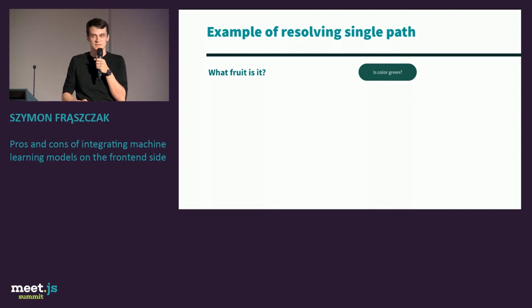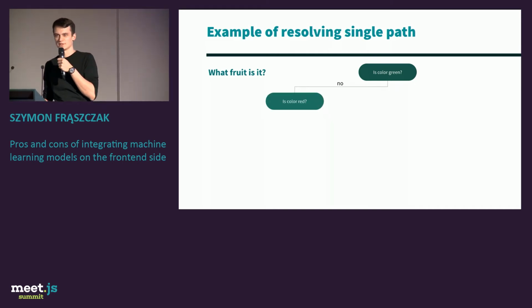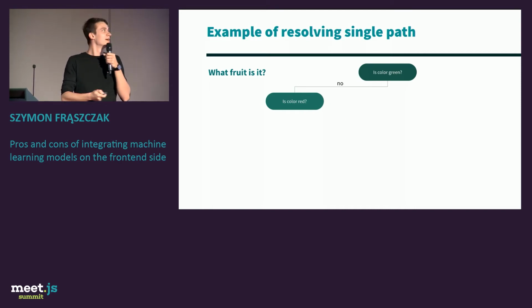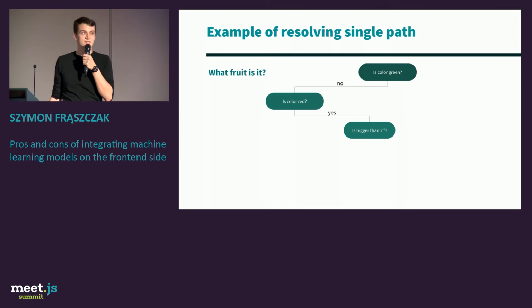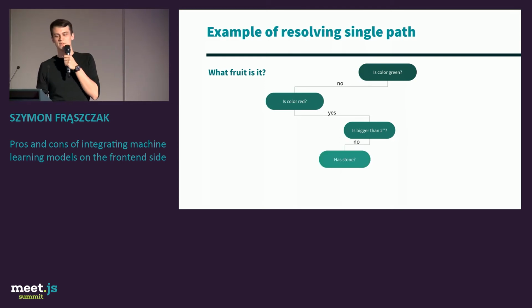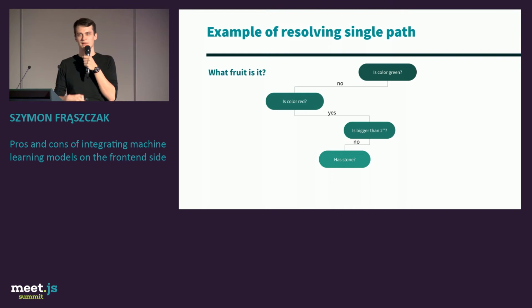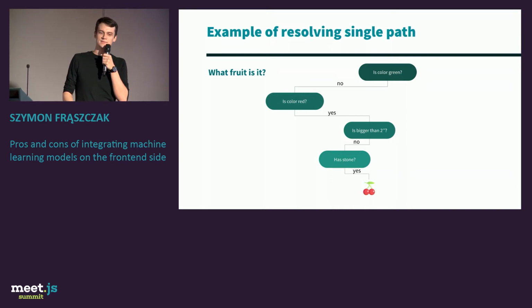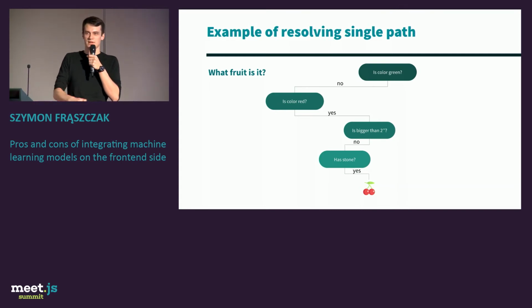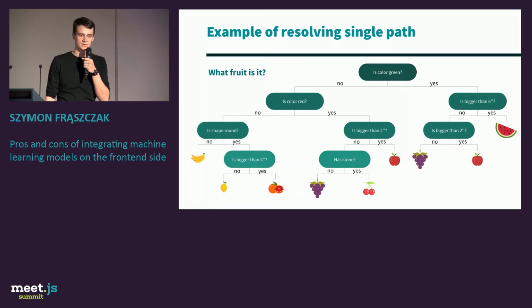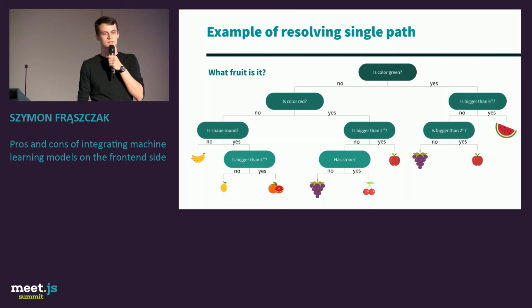So we are checking if it's green. Assuming that it's not green, we are checking if it's red. Then if it's red, we are checking if it's bigger than 2 inches. If it's not bigger than 2 inches, we are checking if it has a stone. And if it has a stone, it means that most likely it's going to be a cherry. In case you answered the opposite in any of the previous steps, you might end up with different fruits, and so on and so on.